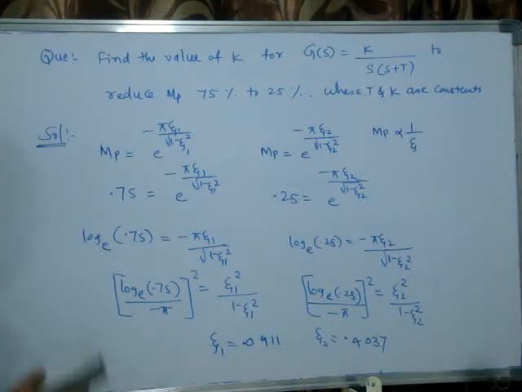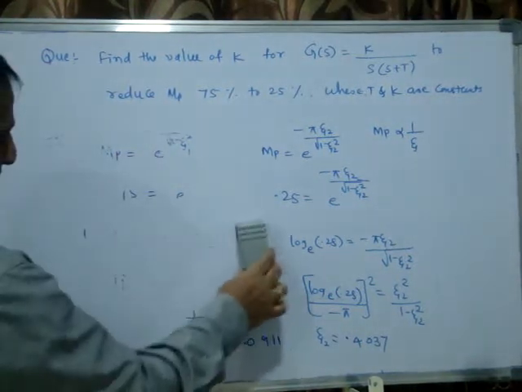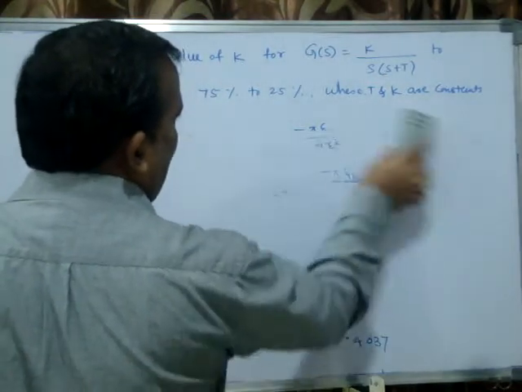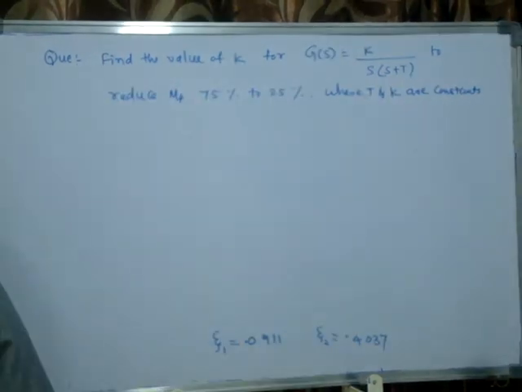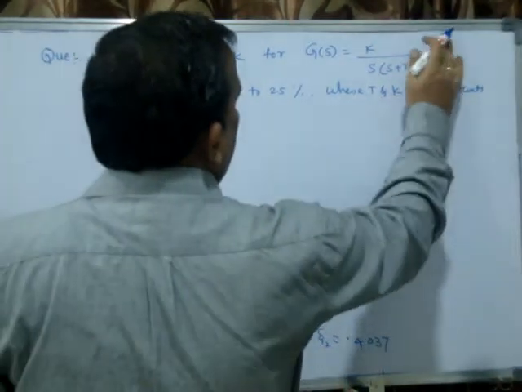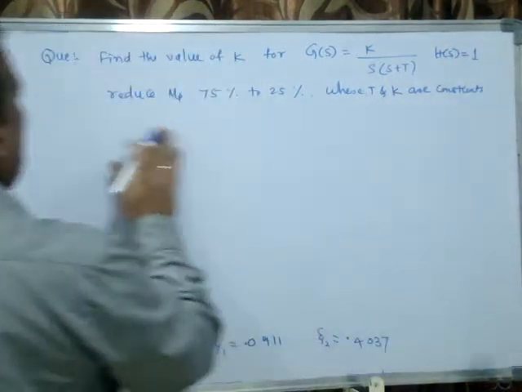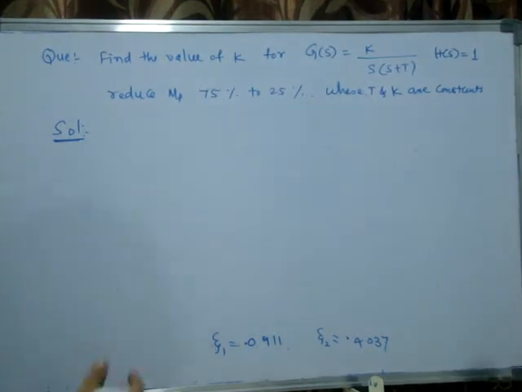So now I have got zeta 1 and zeta 2 values from the MP. Now I will see this G of S, and definitely he has given H of S is 1, unity feedback. If I know G of S and H of S, what am I supposed to calculate?